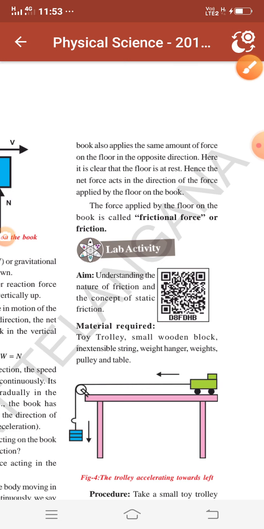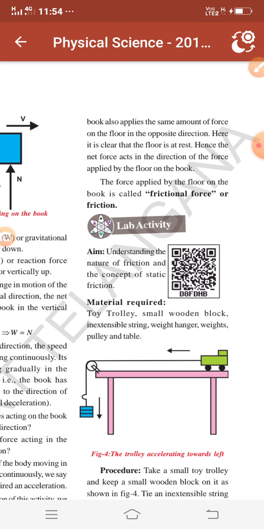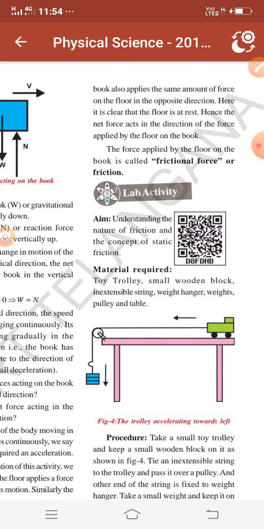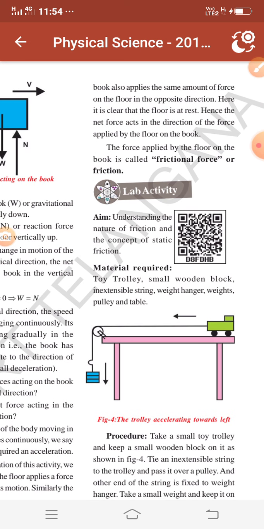Now we learn another activity. The activity is the lab activity. In this lab activity, the aim is to understand the nature of friction and the concept of static friction.